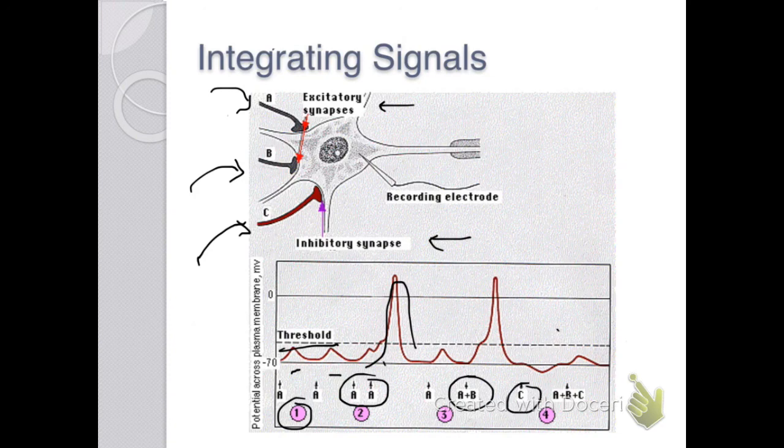But then we do also have the effect of neuron C, which is an inhibitory neuron, and so what that does is it causes the resting potential to actually be lower than it normally would, and so it takes more activity then to reach threshold and cause an action potential. So if we get signals from A and B and C, we see that we just get this little blip, and again, it's not going to reach that threshold potential.